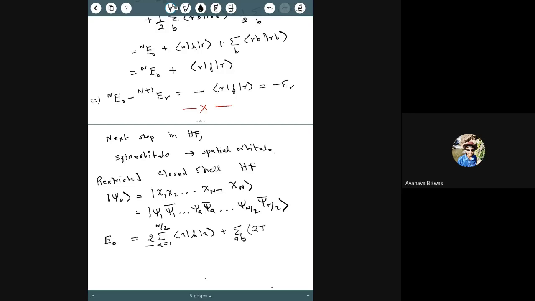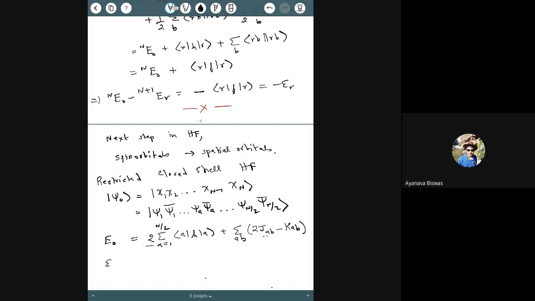It becomes a 2 J_AB minus K_AB in the energy of the determinant, where A and B are spatial orbitals. So the Coulomb part gets doubled and the exchange part no longer has the same factor as the Coulomb part.